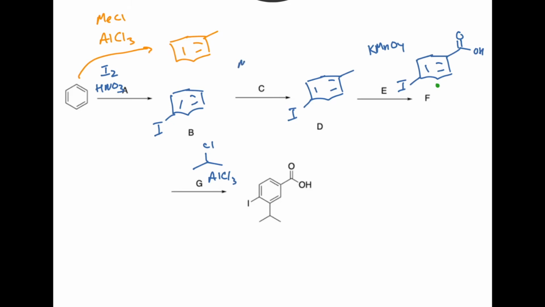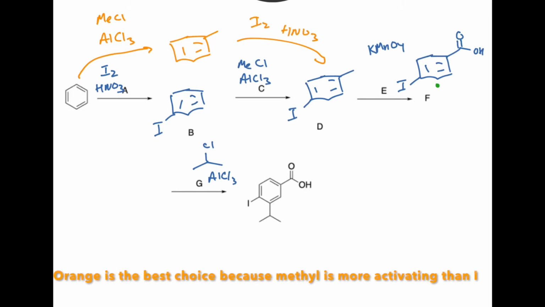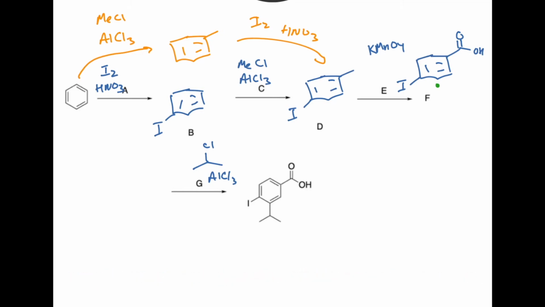And then we would use the same thing if we were going the blue route here. But regardless of the order, we get to the same place eventually. Okey dokey?